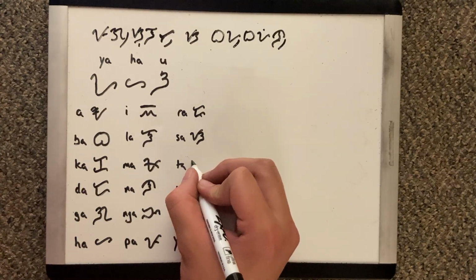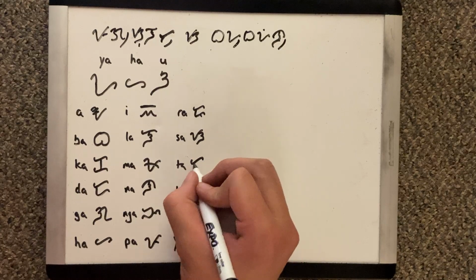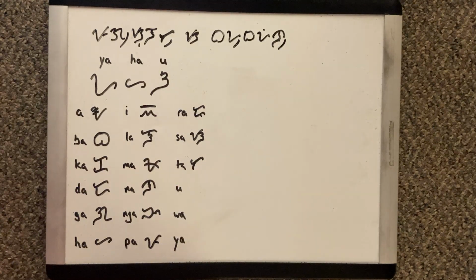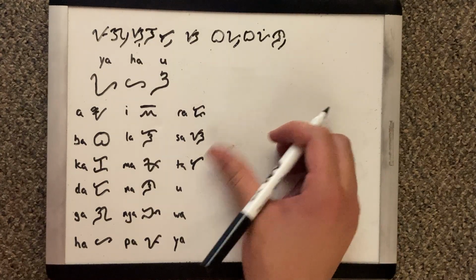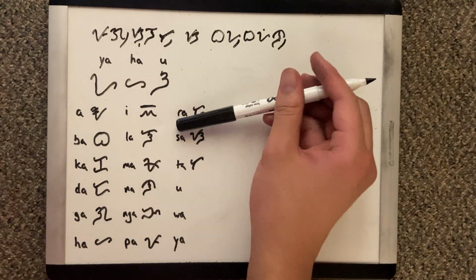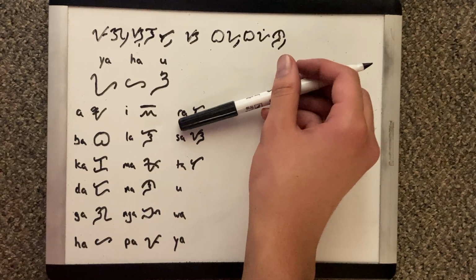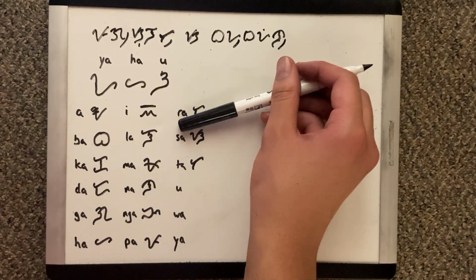Next is the ta. You take a ha, and then you just go down at the bottom. It looks really similar to a cursive letter T, or also to the first half of the ra or da character.